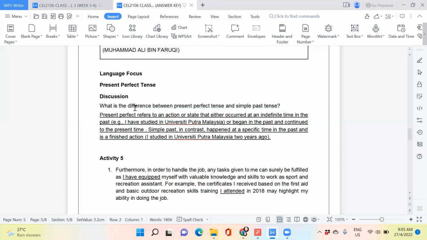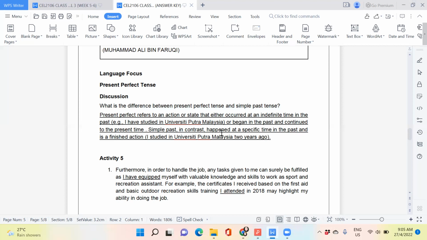That is the message that I'd like to send across when I use present perfect tense. Simple past, on the other hand, happened at a specific time. That means you know specifically when it happened. So when I say "I studied at University Putra Malaysia 2 years ago," that means you know when I enrolled at UPM.